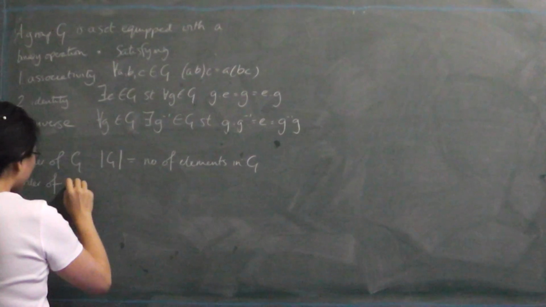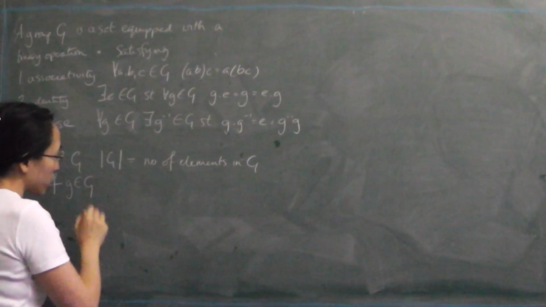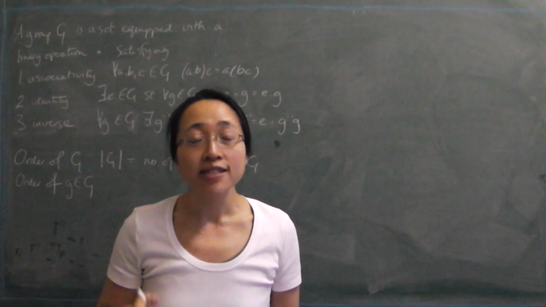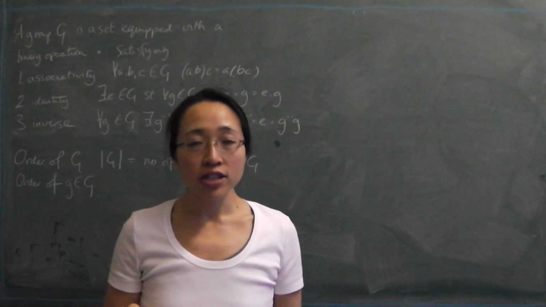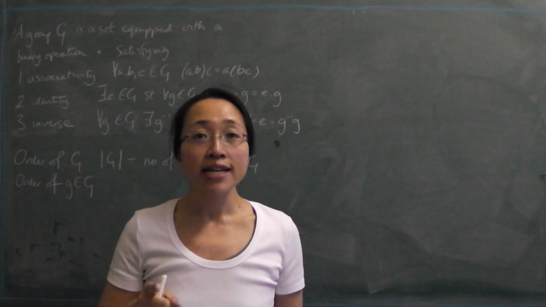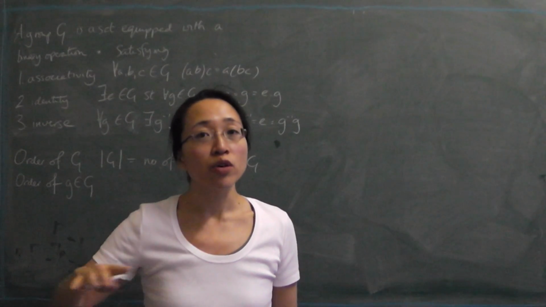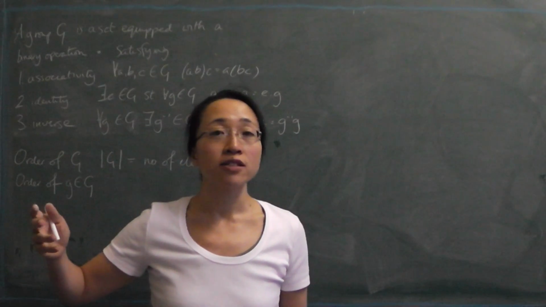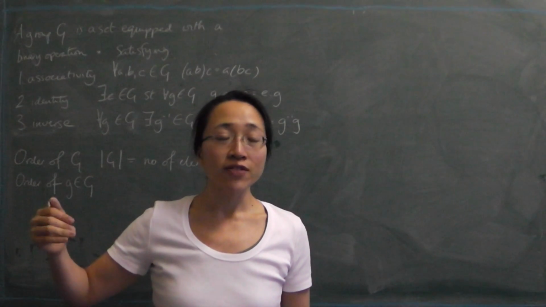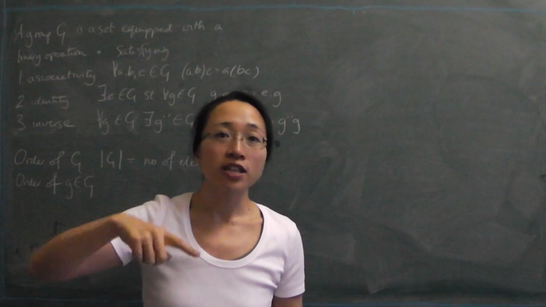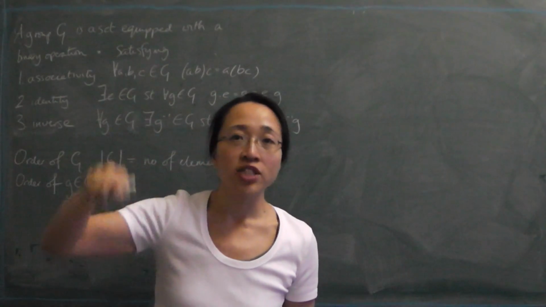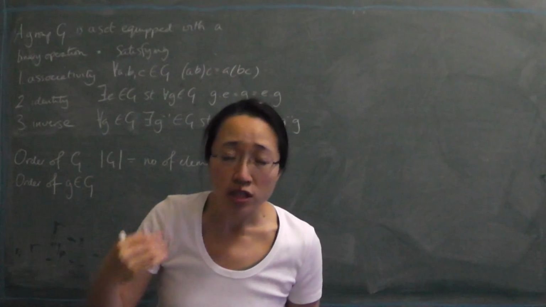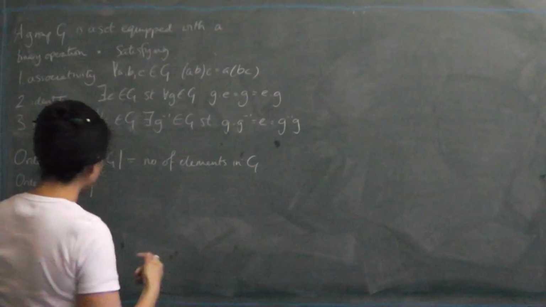The order of an element g in G is the smallest k such that g to the power of k is the identity. And remember, you have to say it's the smallest one. It won't do if you just find any old k such that g to the k is the identity. You have to check g squared, g cubed, g to the 4, g to the 5, g to the 6, and so on, and make sure that no smaller number managed to get you back to the identity.